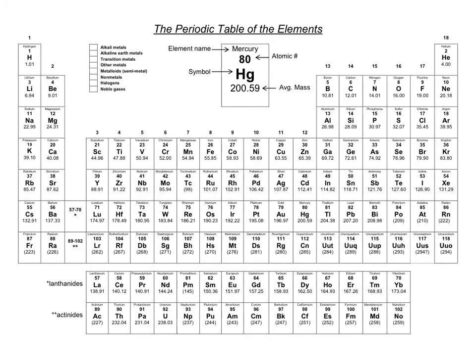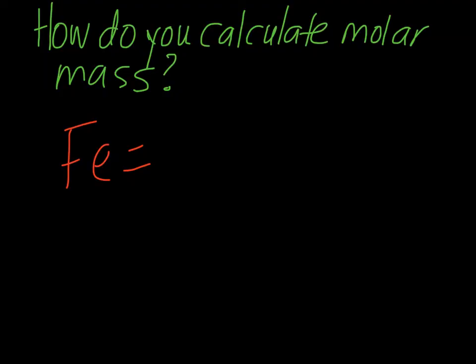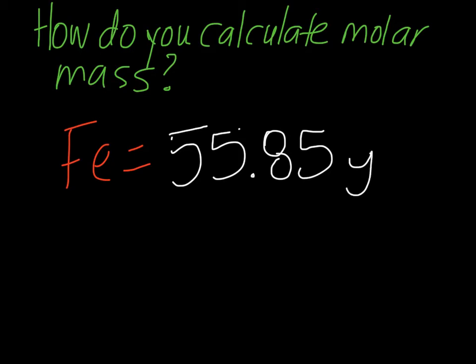All we need to do is find Fe on the periodic table and look at its atomic mass, which is going to be the bottom number. So the answer is just going to be 55.85. Whenever you write your answer for all of these problems, you're going to find your number, but make sure that the unit is included in the answer, which is grams per mole.